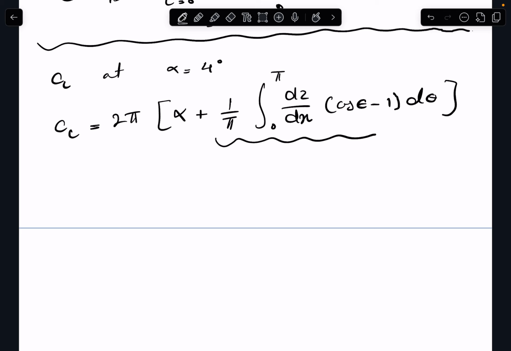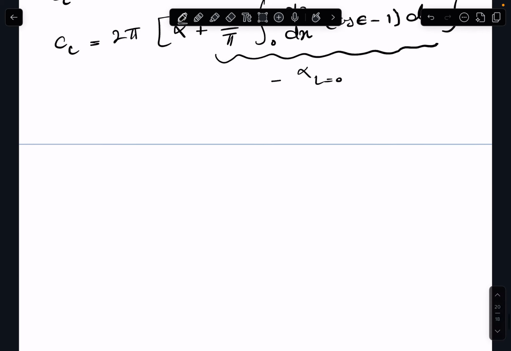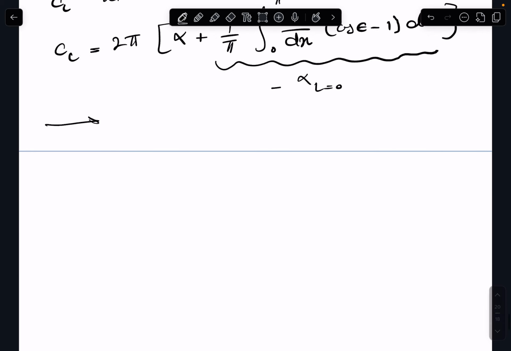If you look at this equation closely, you're going to see that this is the negative of the zero lift angle of attack. So the equation for lift coefficient simplifies to 2 pi times alpha minus alpha at zero lift angle of attack.